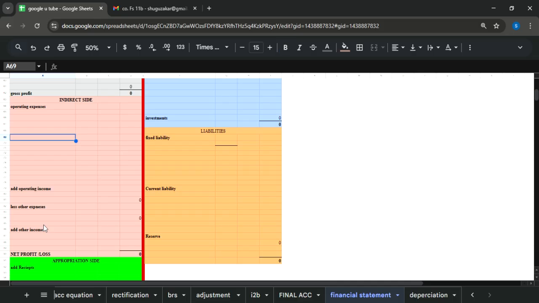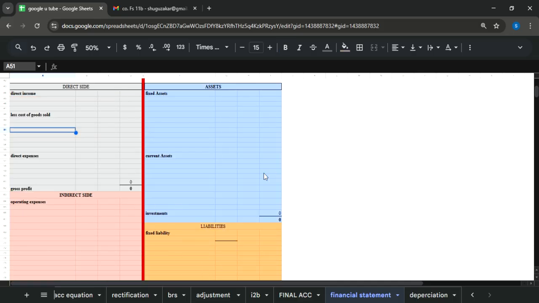Three sides on left and two sides on right side for calculation of asset side. Look at here, in asset we will see fixed assets and current assets. When you add in investment, sum of these three parts would create total of asset side and finally total of balance sheet as well.